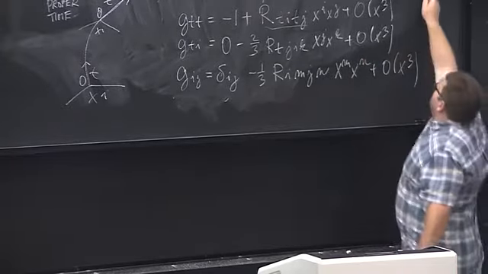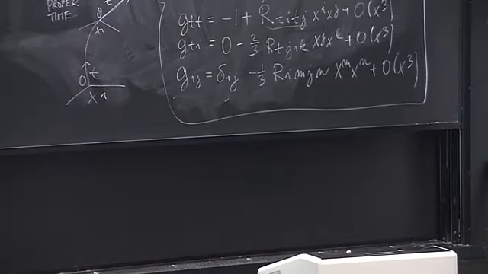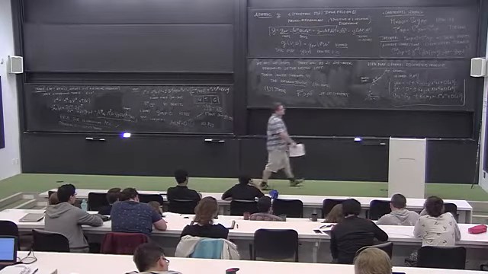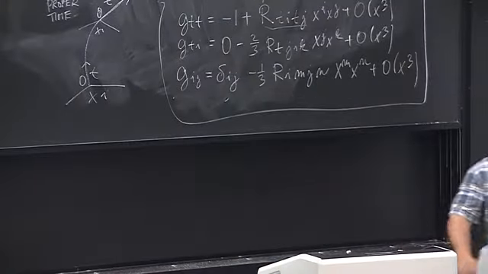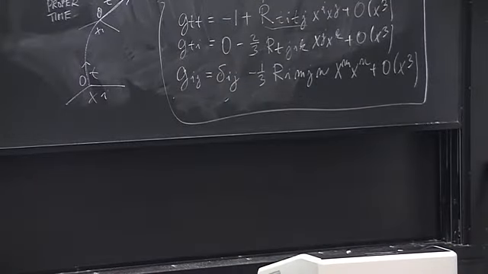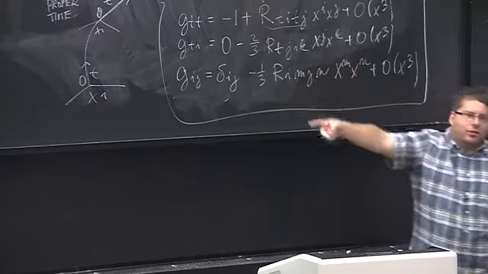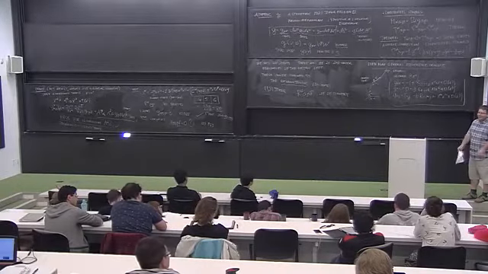So you see that the metric is flat. The first derivative of the metric on the geodesic, where x is equal to 0, will be 0, because it's just one derivative with respect to x, but there are no linear terms here. So that's why the gammas are 0 along the geodesic. And the only thing which contributes at the quadratic order is precisely this Riemann tensor, which contains the information about the two derivatives.